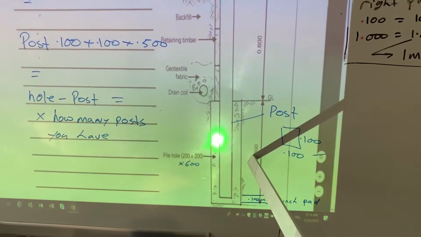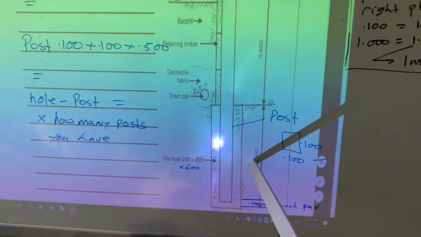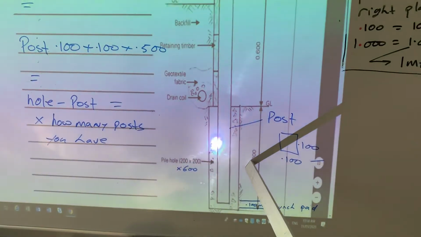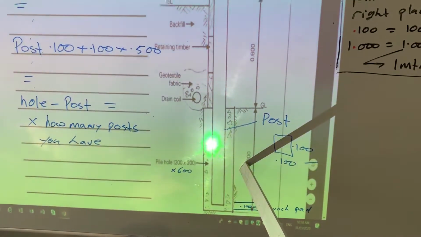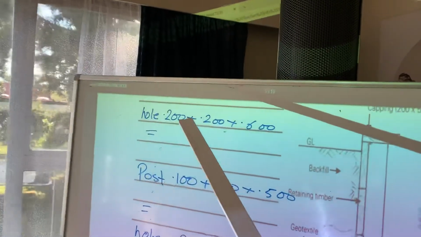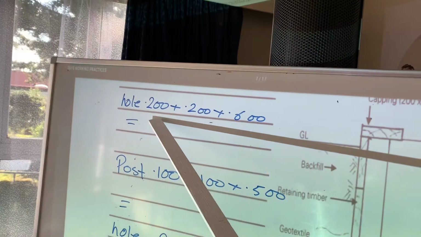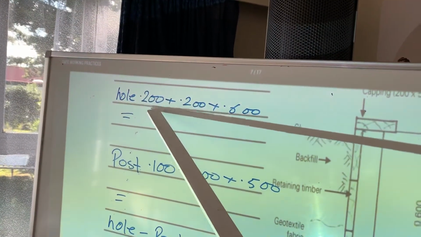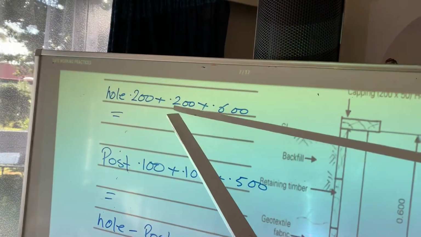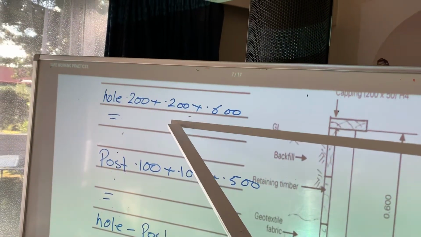So what you need to do is calculate the concrete in the hole before the post goes in. Because this is not a round hole, all we're doing is timesing the numbers. So you go 0.2, don't forget your decimal point because it's only millimeters, 0.2 times 0.2 times 0.6 equals.